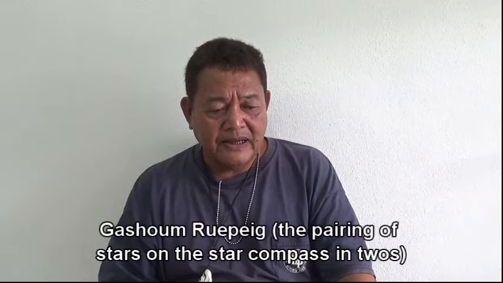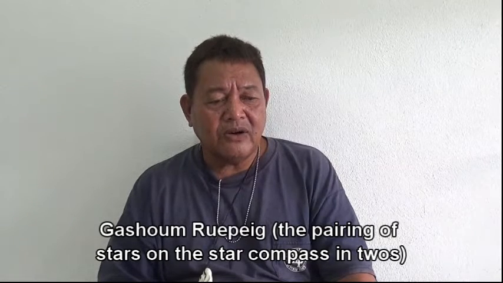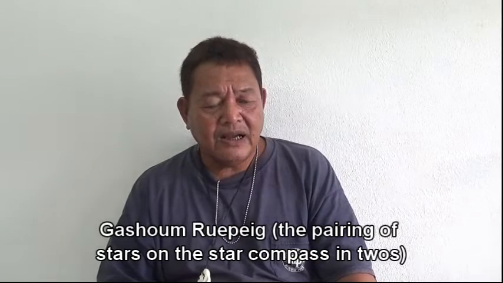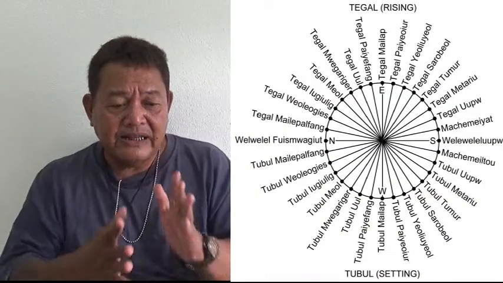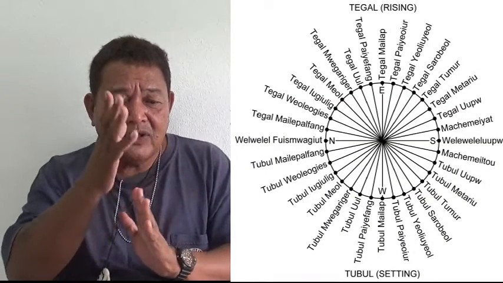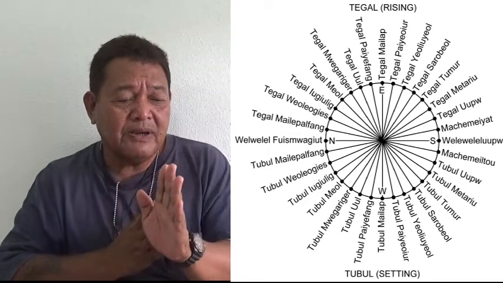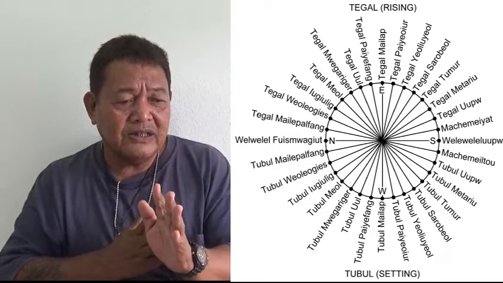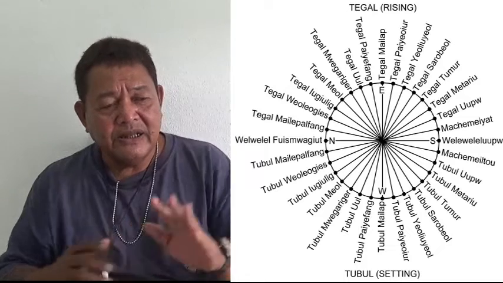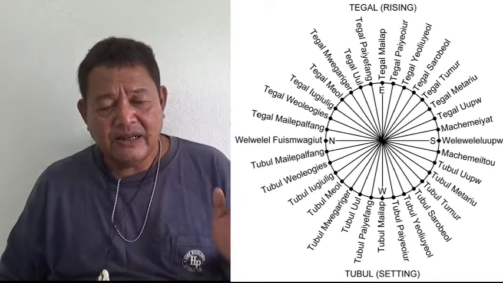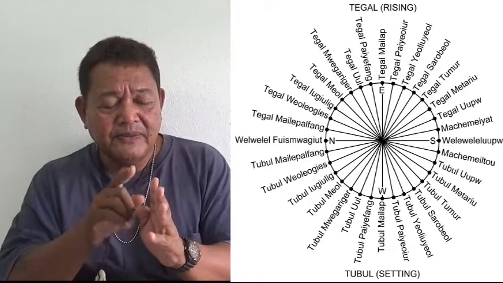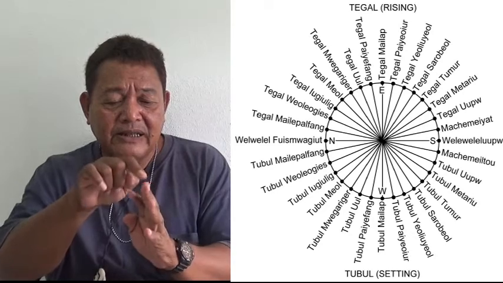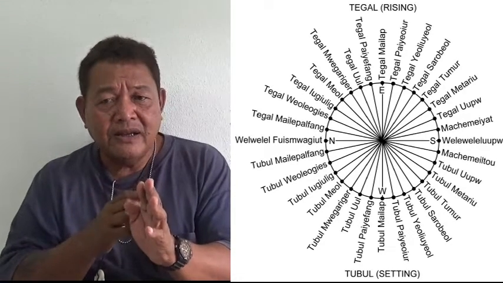Then on to the third topic. The third topic is called Gashoum Ruepeig, and that is the pairing of the stars, like the pair from the south and the pair from the north. The other one is Gashoum Sepeig, and this one is Gashoum Ruepeig. Because when you do it, you're calling this star here and the pair from the north.